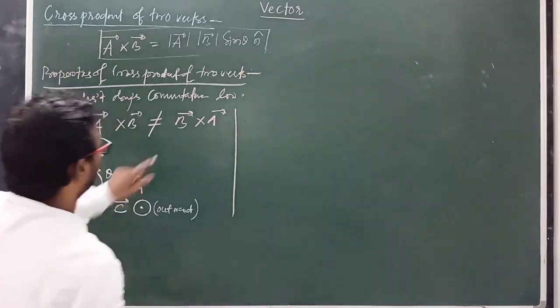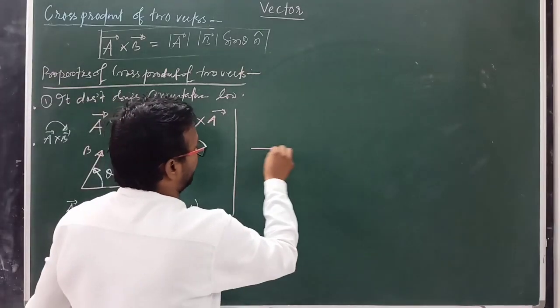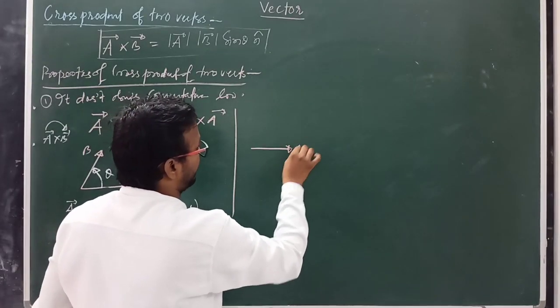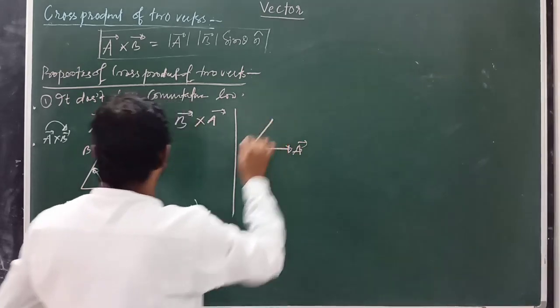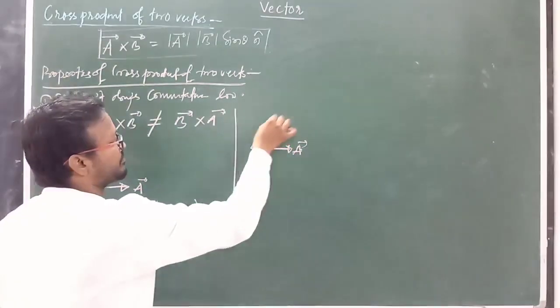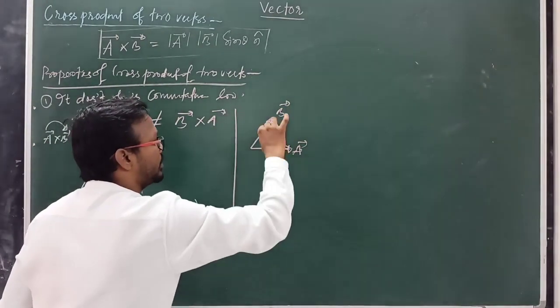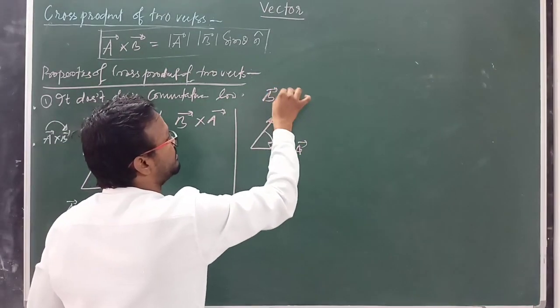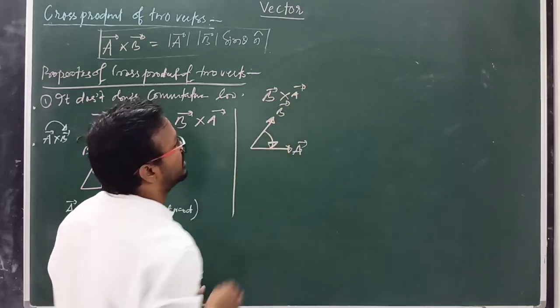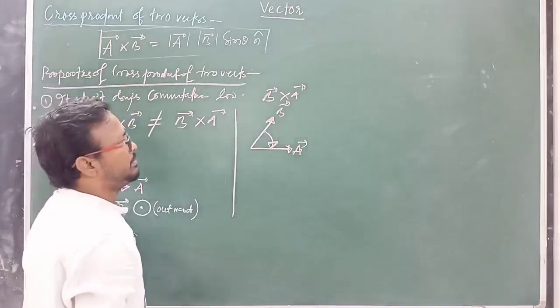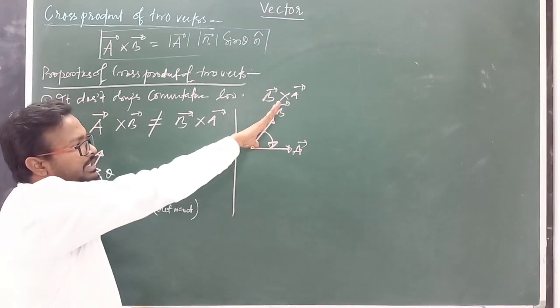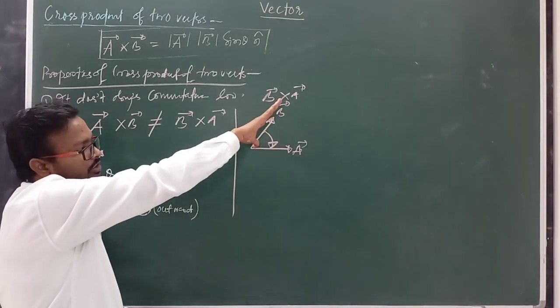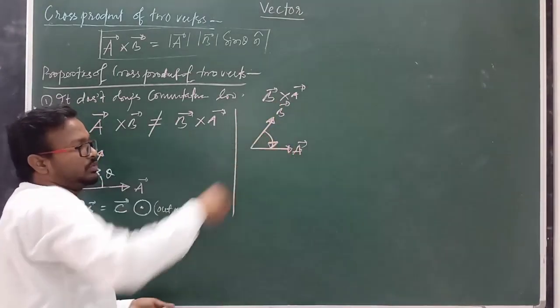Second, B cross A. Vector A is here and B vector is here. Now we have to move from B to A. Find B cross A vector. So in this case we have to place right hand palm on B vector and curl the fingers towards A. This direction means inward.